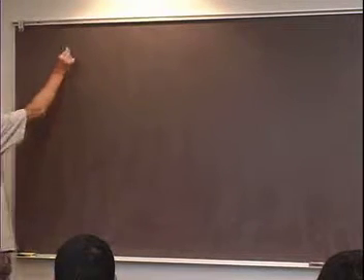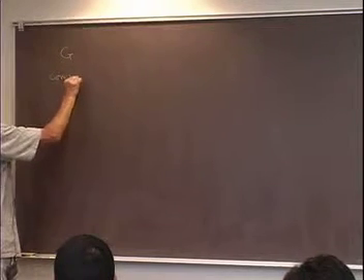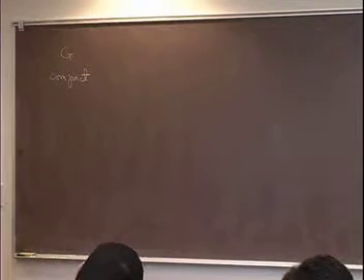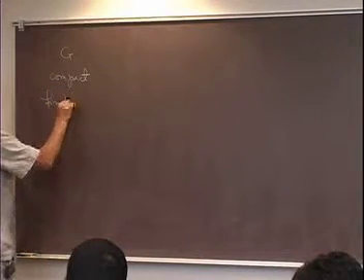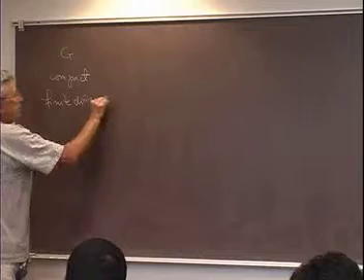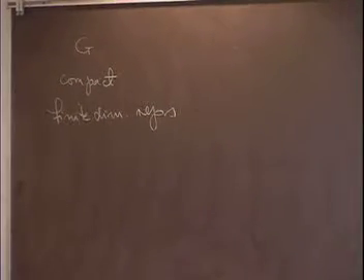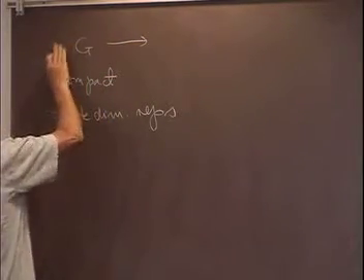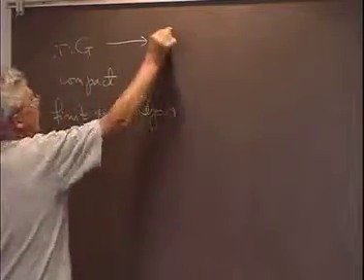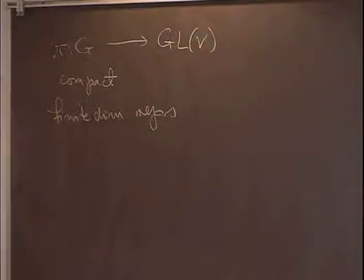If G is, say, compact, and we are considering finite dimensional representations, then basically finite dimensional representations are continuous homomorphisms of the group G in the general linear group of a linear space.